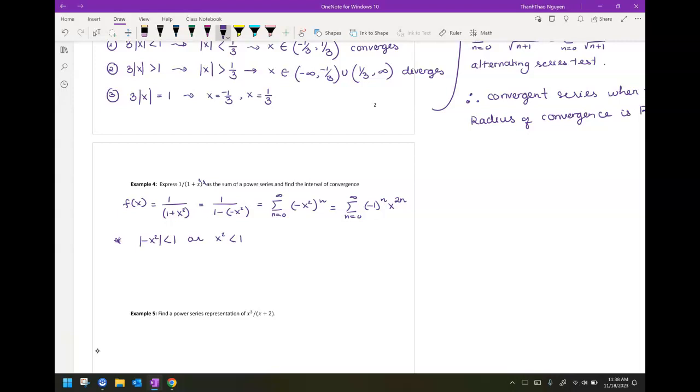If this is the case, then the interval of convergence is from negative 1 to 1. Okay.